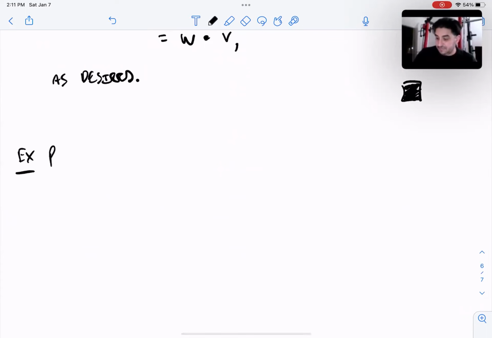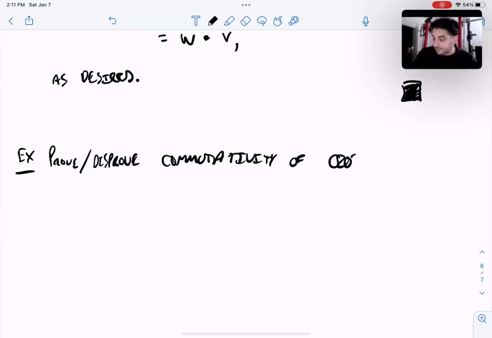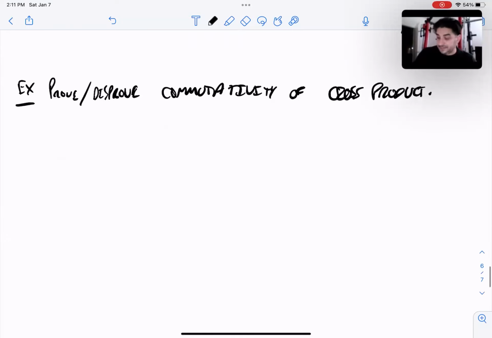Let's say prove or disprove commutativity of cross product, right? So commutativity of cross product, let's look at that. So this would be v cross w equals w cross v, right?